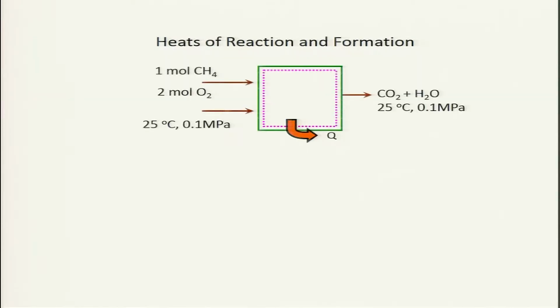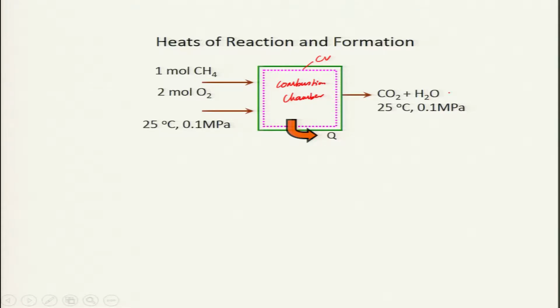Now look at the heat of reaction and formation, which we will be using to find out how much heat is released during chemical reactions. And if I consider a burner or a combustor where 1 mole of methane is entering with 2 moles of oxygen and reacting in this control volume, this is your combustion chamber, and it is giving rise to the products, certain moles of carbon dioxide and water.